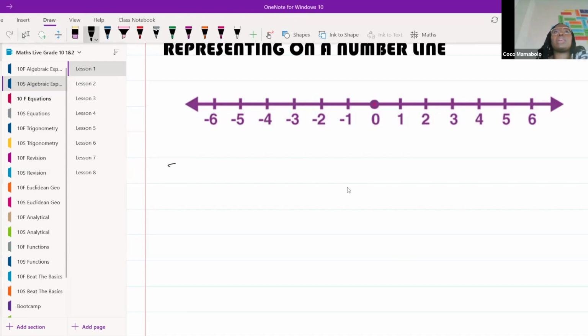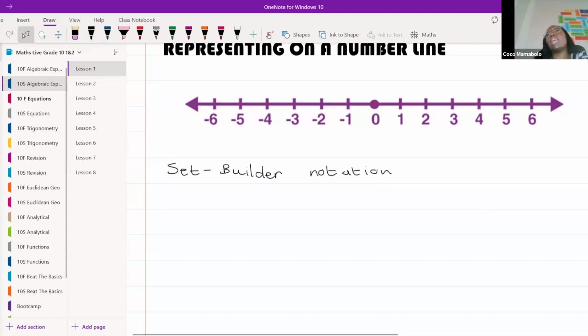Okay. We're going to start by talking about set builder notation. Set builder notation helps us to express what we look at as the number system. Remember, guys, mathematics is a universal language. If I write out a mathematical equation and give it to a Russian person who doesn't speak English, they should still be able to read the maths I've written.